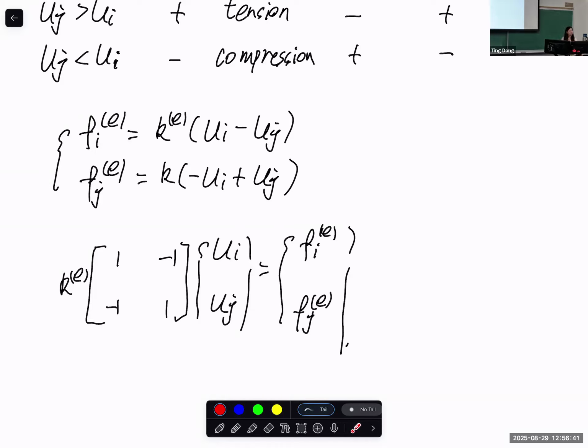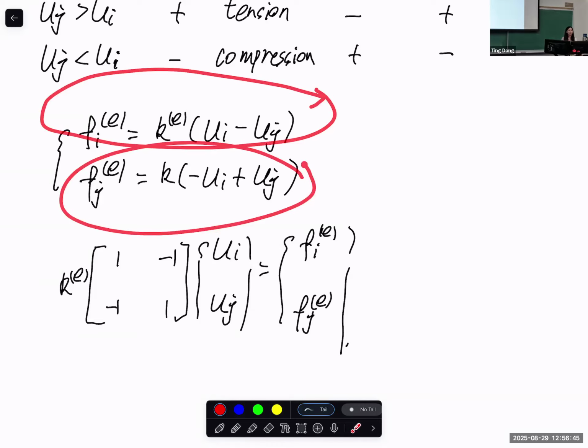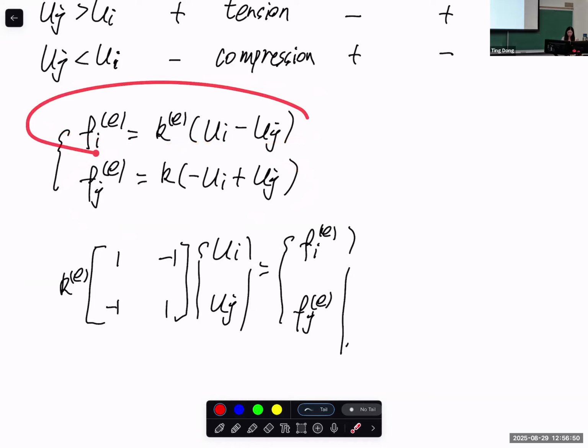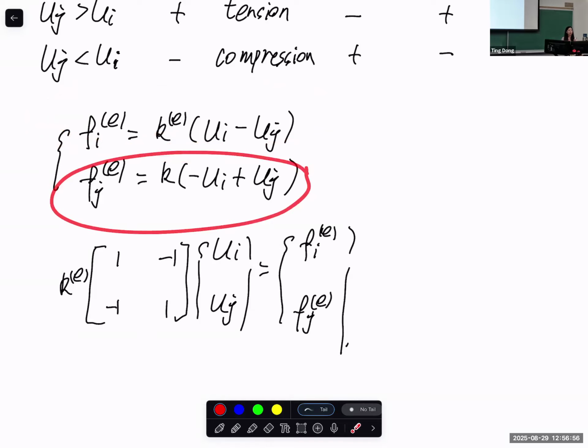But let's check this simple situation. You see this equation and this equation, they're not independent. If you take the first equation and add a negative sign on both sides, you get the second equation, right? So basically this is just one equation. This explains why we cannot have a unique solution for Ui, Uj.